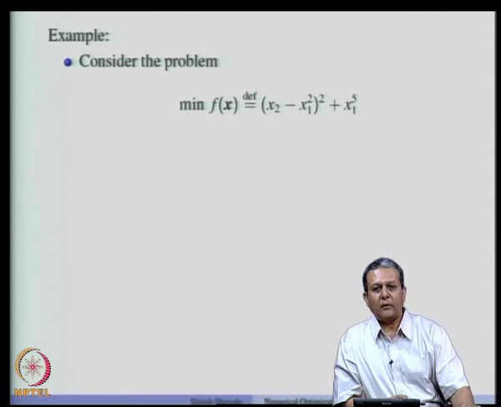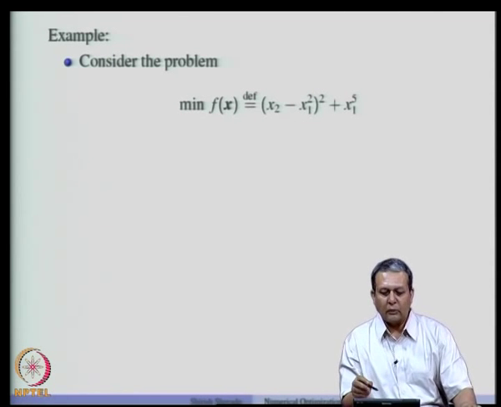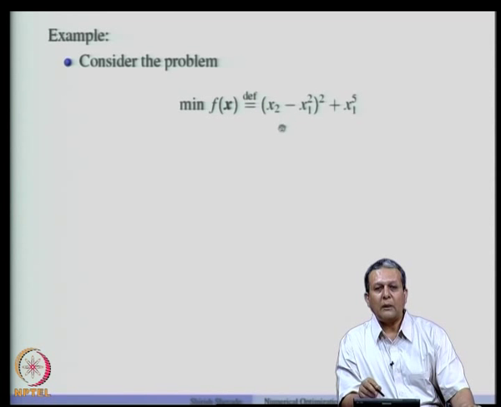Let us consider another problem. Again, this is a two dimensional optimization problem. We are trying to minimize the function (x2 minus x1 square) whole square plus x1 to the power 5.